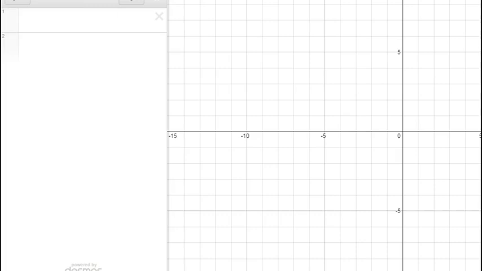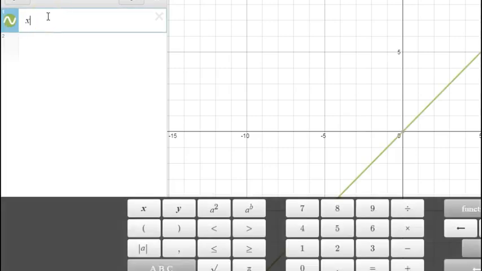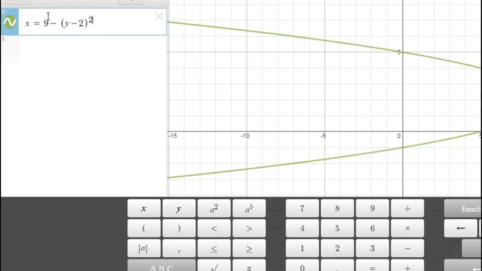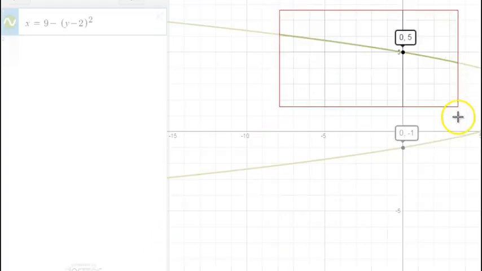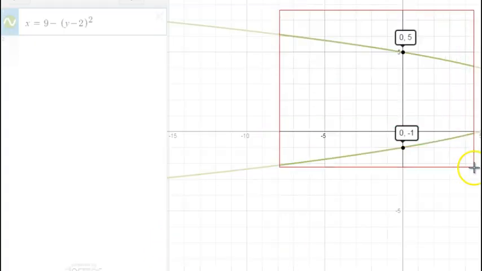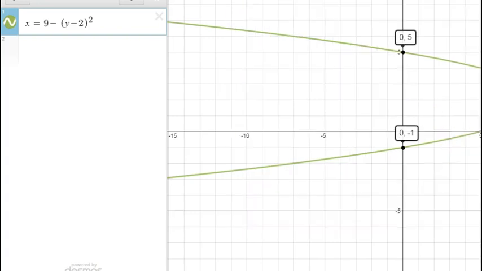And so the graph is x equals 9 minus the quantity of y minus 2 squared. And so there's the graph. And I see from the graph that it's hitting the y-axis here at negative 1 and here at 5. And I know you can't see the whole graph there.